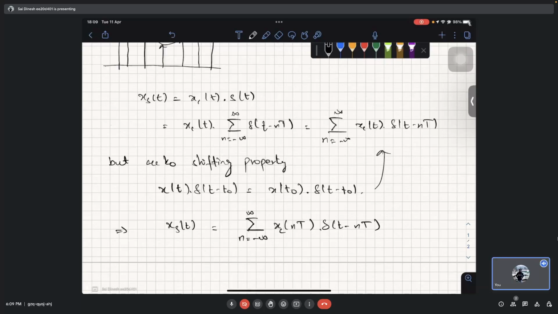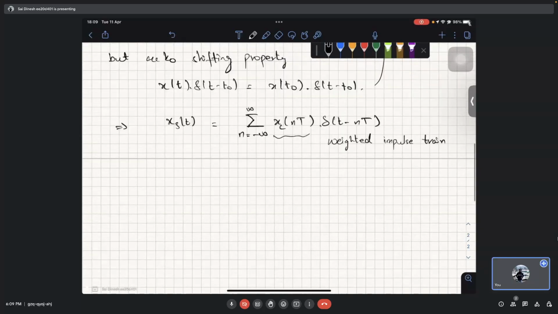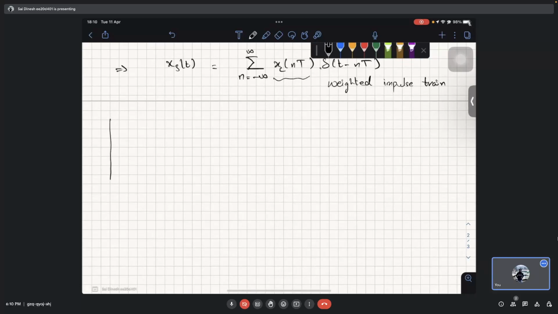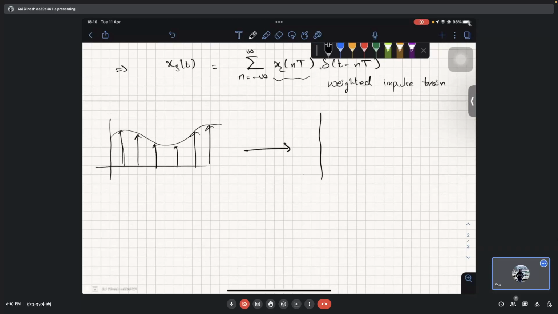So this is again a weighted impulse train, with weights being the values of the continuous time signal at that particular time instance. Now it's like we have a continuous time signal, we multiply it with an impulse train, and what we get is an impulse train.